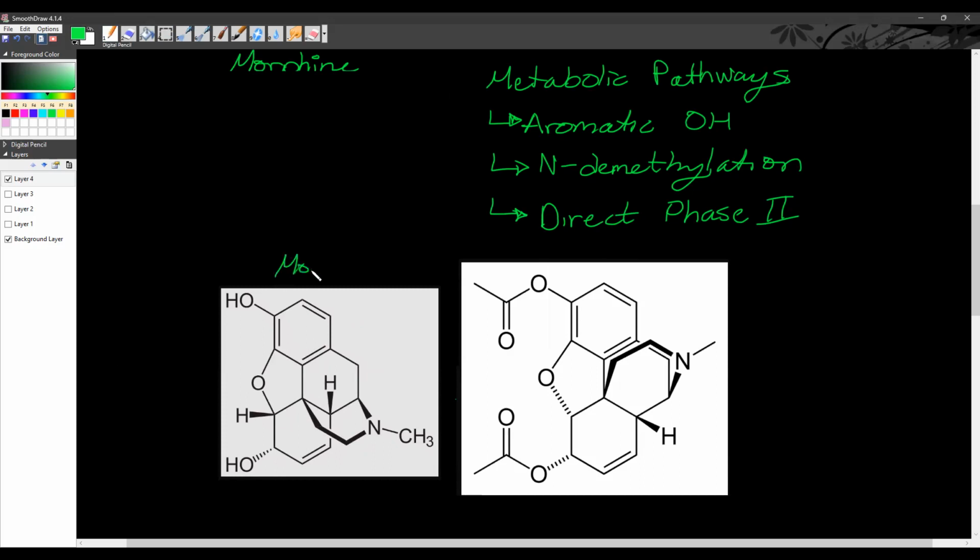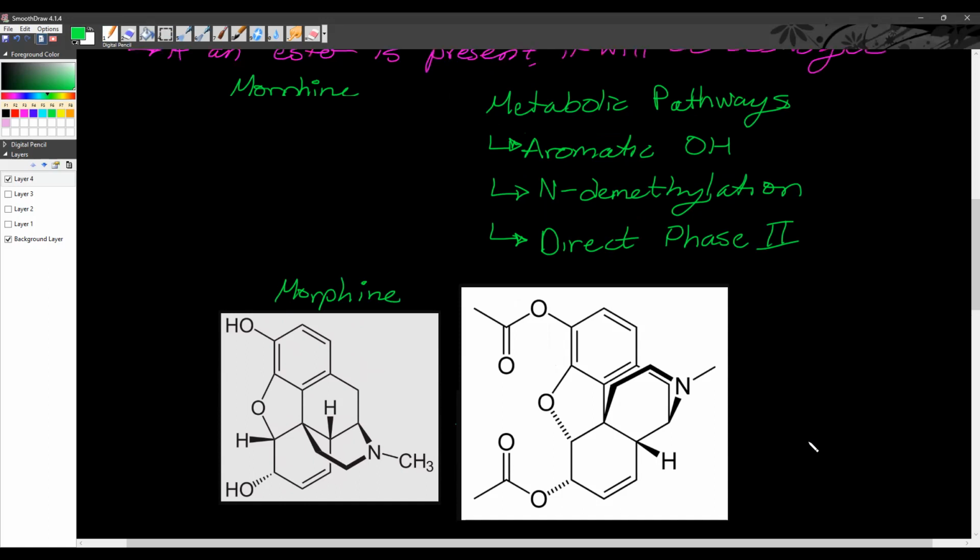So here's morphine. And what do you notice that they did to our OH groups that were on our benzene rings? They turned them into esters. Exactly. So here we can see an ester bond.